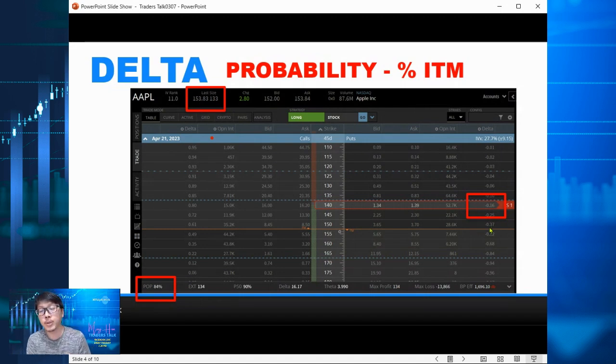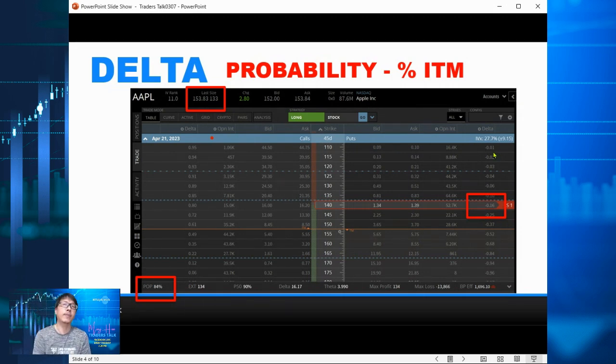Then you can see the delta, coming off from 0.37, and going all the way as the strike price gets smaller, from 150 going back to 110, the delta goes to 0.01.